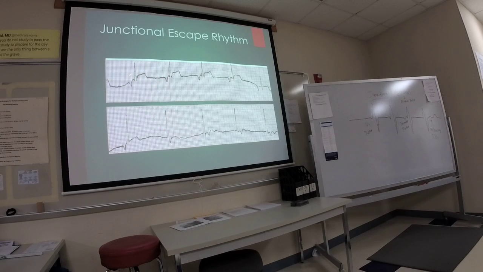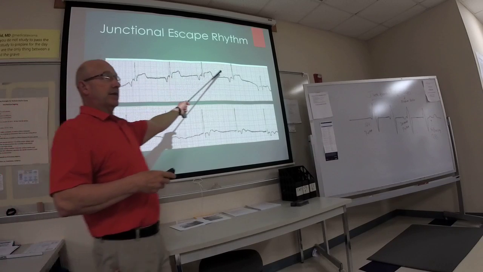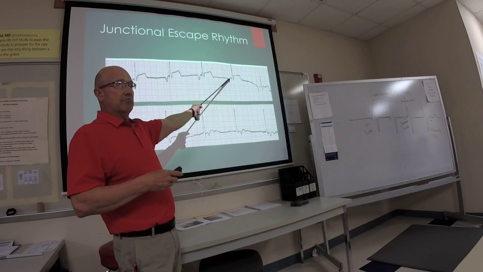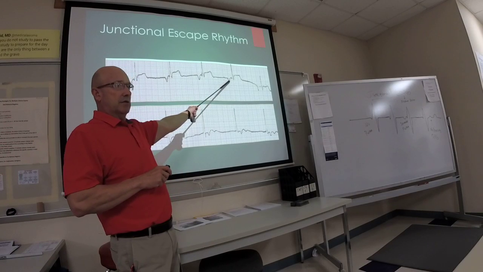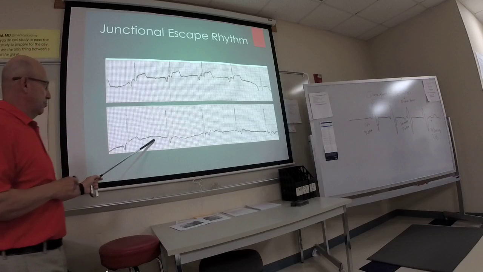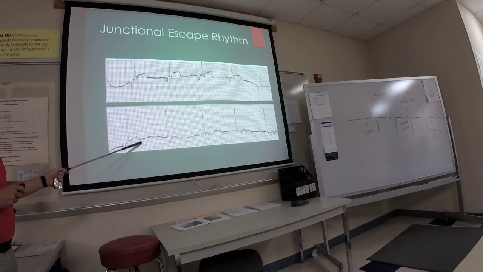So what has happened here is the SA node has stopped depolarizing. So it's the junctional rhythm. It's just starting. The AV node is depolarizing on a regular basis now because there's no SA node depolarization. Okay? This is a better rhythm.